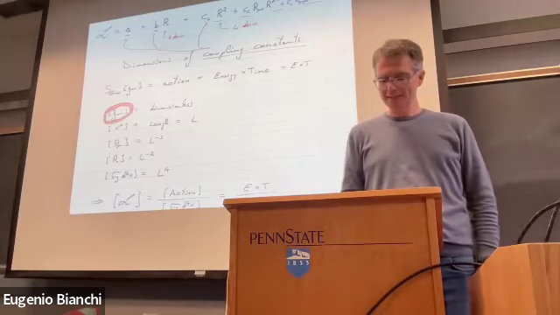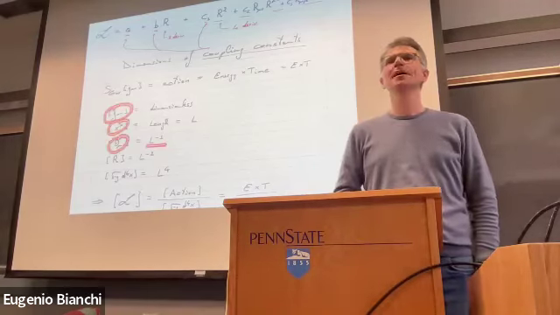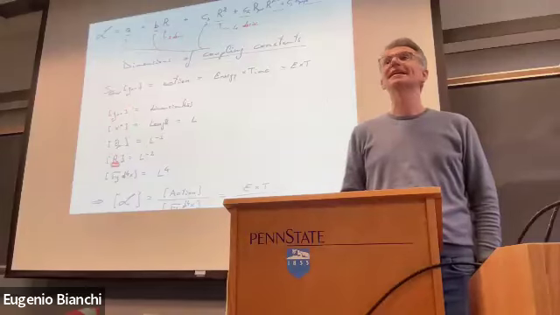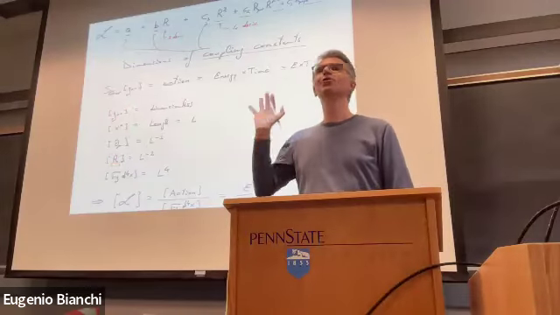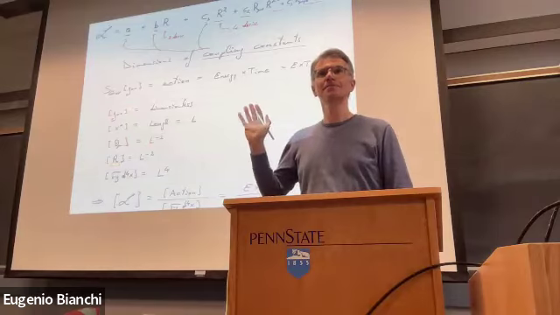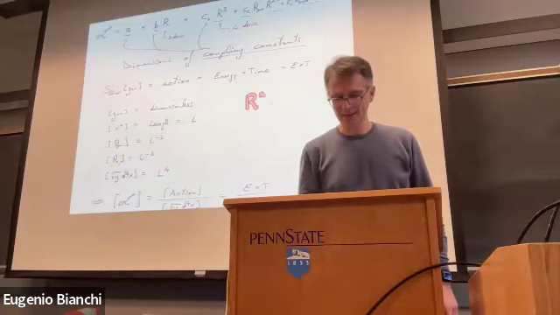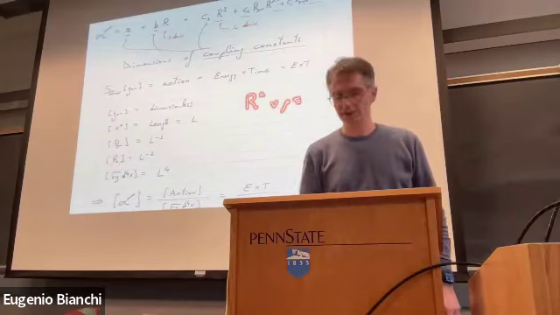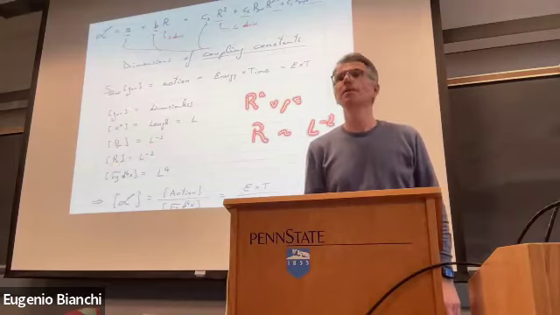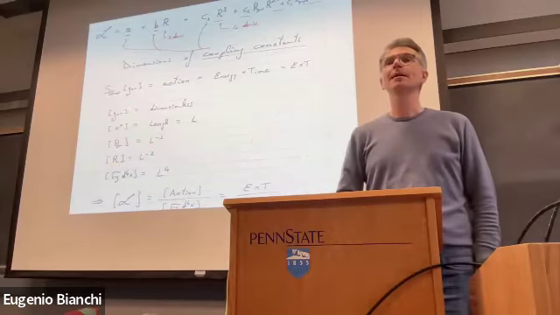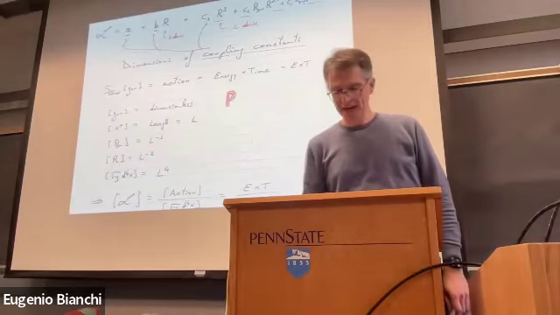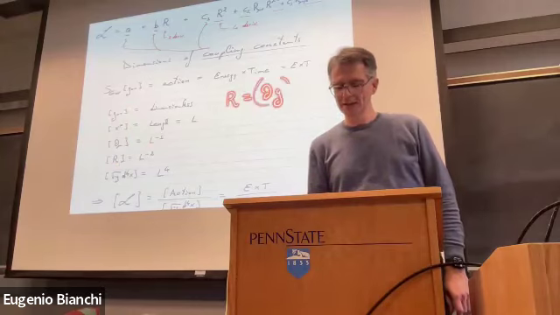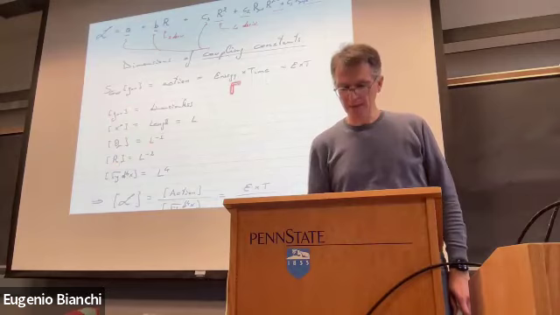Because once you do that, derivatives are length to the minus 1, and curvature, independently of which contraction, you could take Riemann, you could take Ricci, they all have dimensions of length to the minus 2. Why? Because there are two spatial derivatives. Let me be more careful.